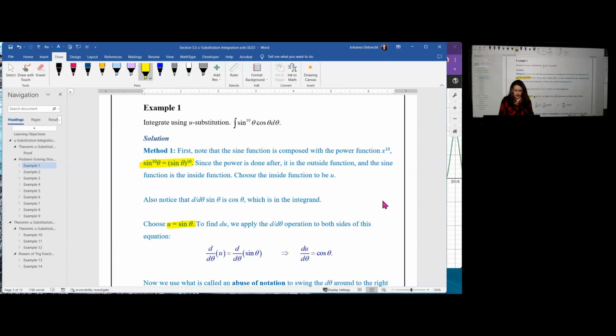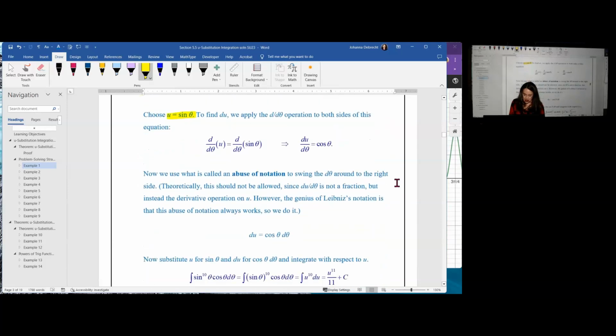And next we apply this abusive notation, which shouldn't be allowed, but because it works, we do it. This is the genius of Leibniz's notation, why we're still using it some 330 years later. We swing the d theta around to the right-hand side so we can isolate the differential du.